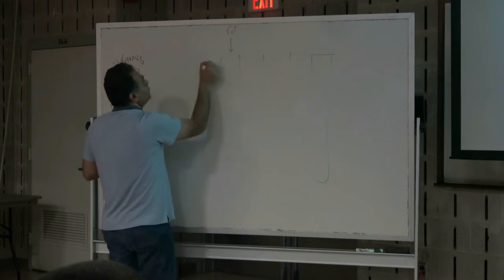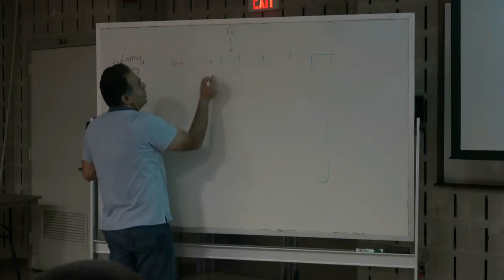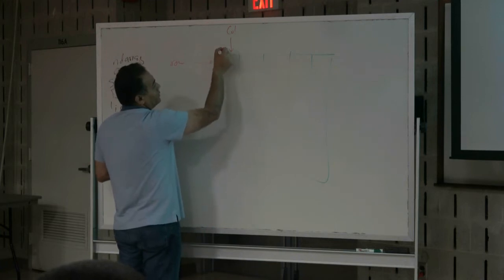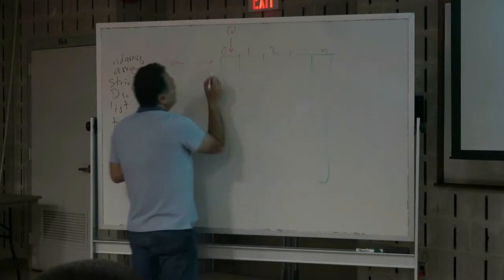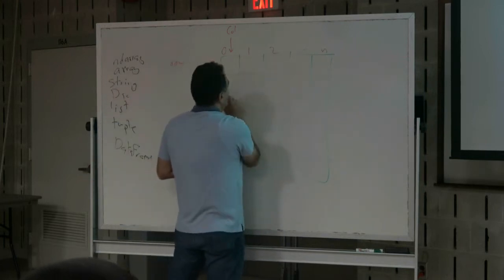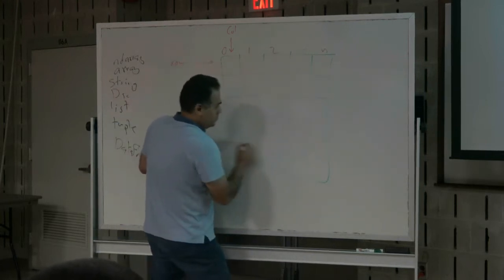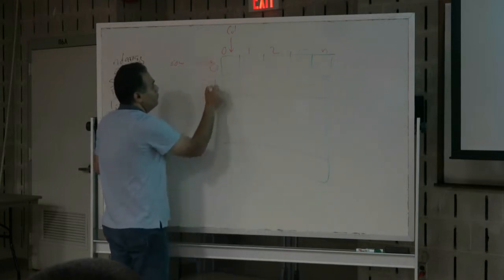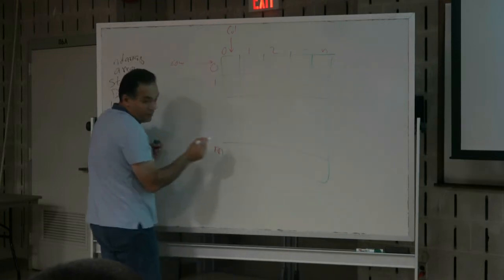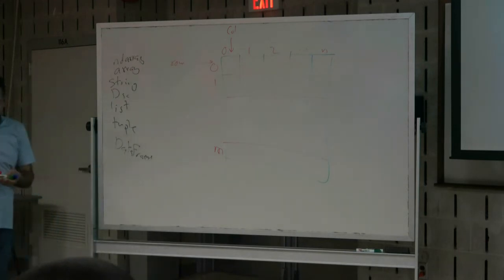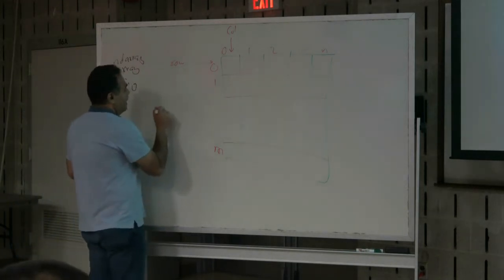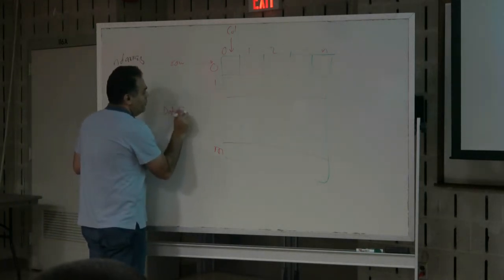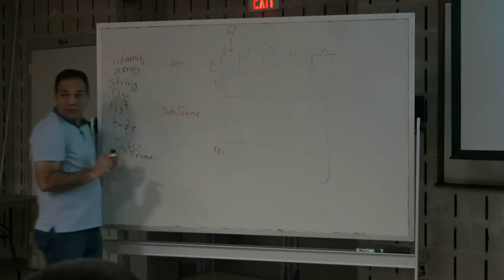And what do you call this row? As we have learned, everything has an index: 0, 1, 2, up to n, for example. And here we could have 0, 1, up to m. So what do we call the whole thing? A data frame.